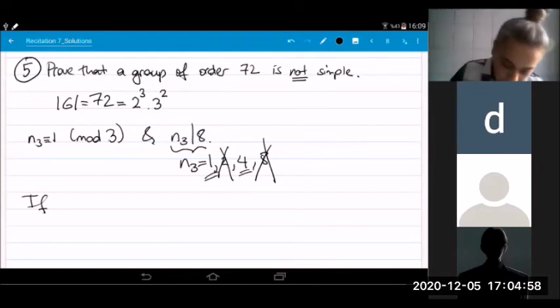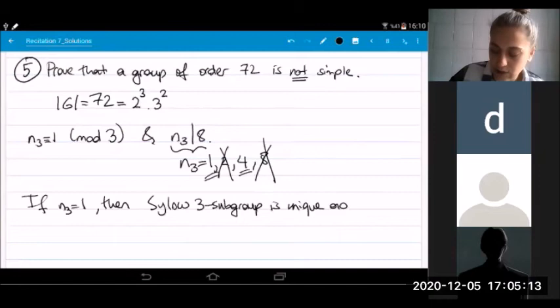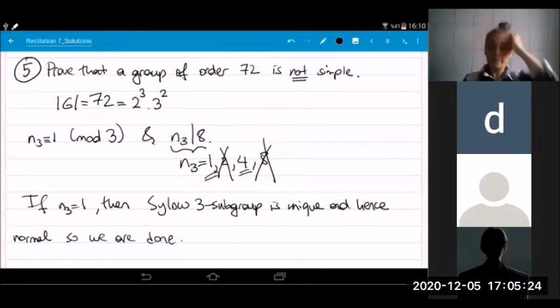If N3 is equal to 1, then the Sylow 3 subgroup is unique and hence normal. So we are done. Okay?